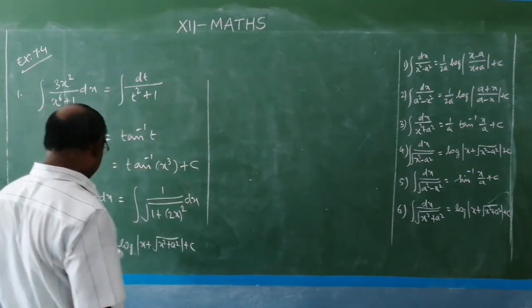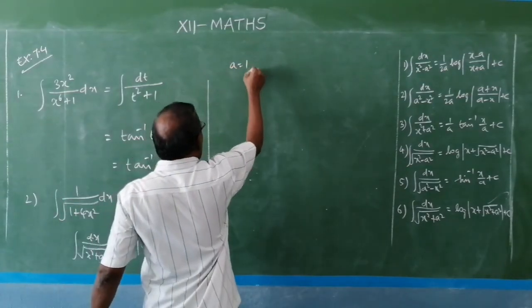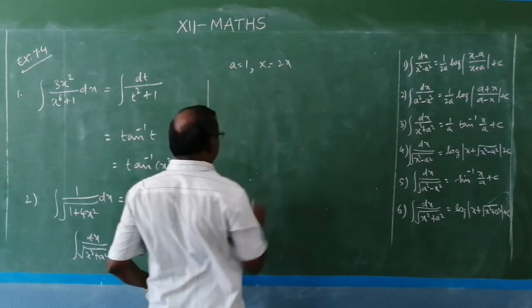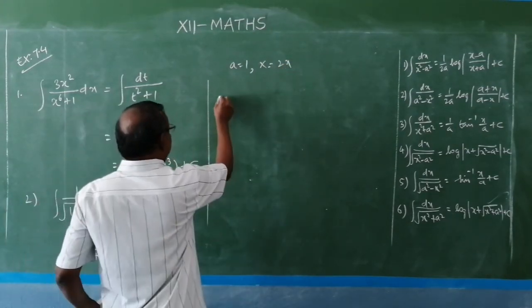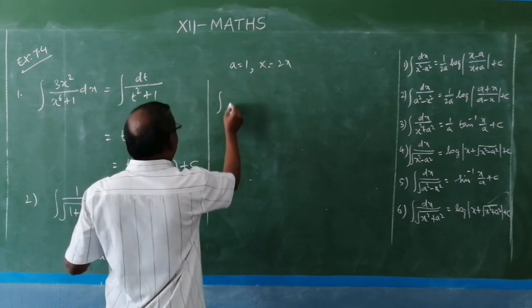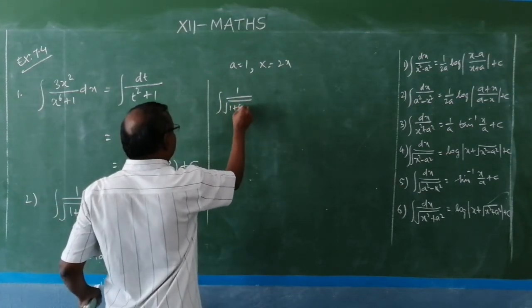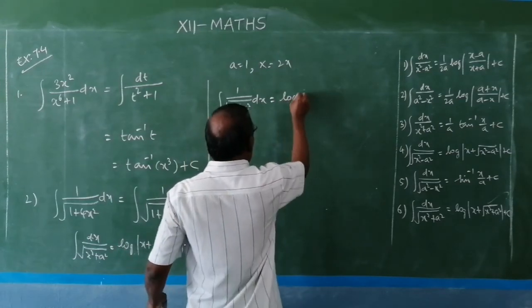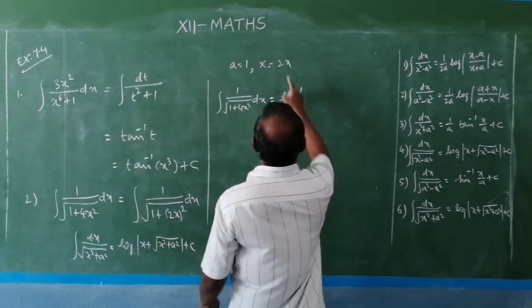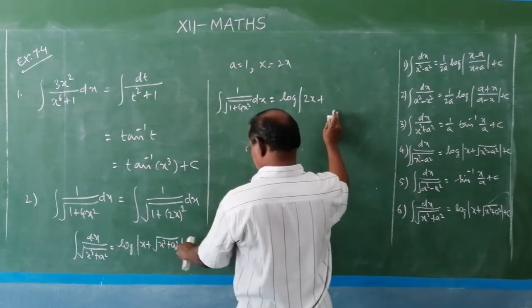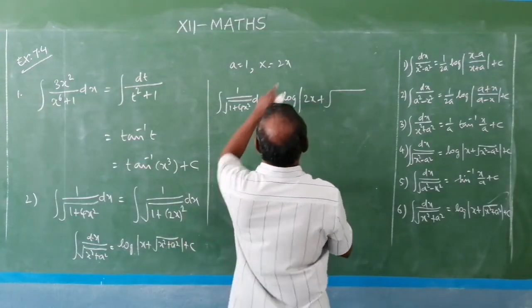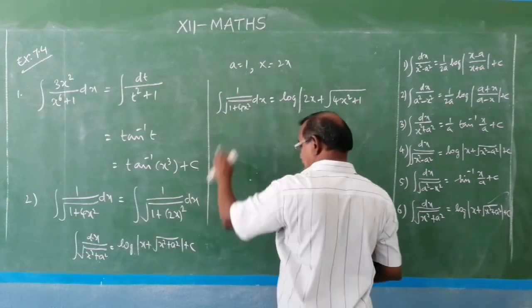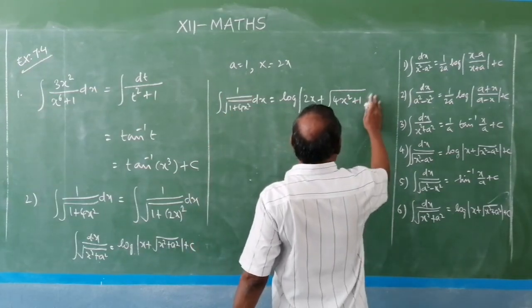Now substitute here a equal to 1, and let me put capital X instead of x, equal to 2x. So we can replace everything here. The integral I, that is integral 1 by root of 1 plus 4x square into dx, equals log of modulus of 2x plus root of 4x square plus 1, plus c.